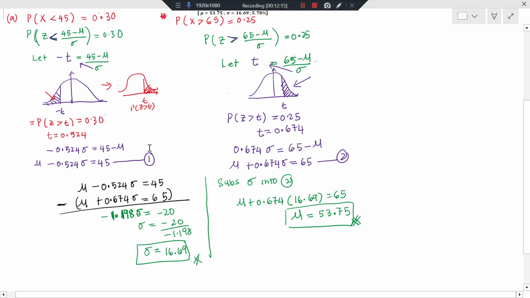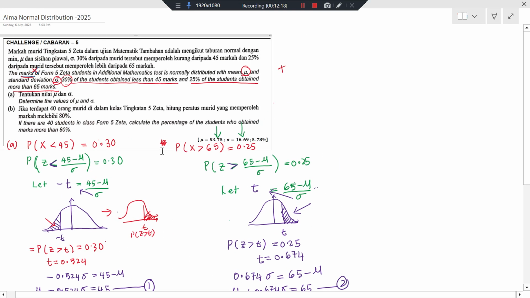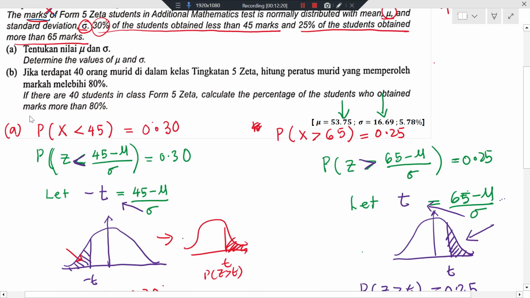Hey, we got the subsequent question, right? Okay. If there are 40 students in the Form 4 class, this one they want to involve your Form 2 probability, remember? The total sample space is now 40, remember that.